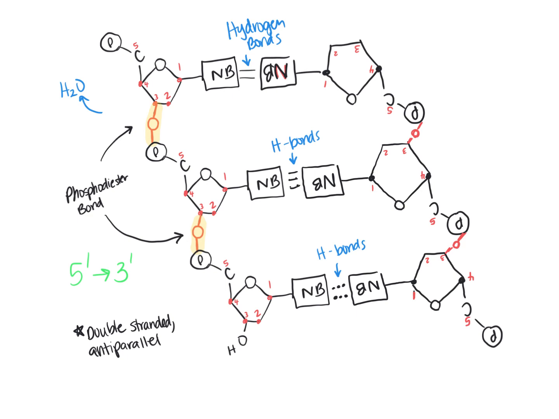And this is the way we write it, 5 to 3. In other words, from up here, the first carbon we would encounter is number 5. The antiparallel strand over here starts with the 3, 5, 3, 5, 3, 5. And so this strand over here would be labeled as the 3 to 5 strand.